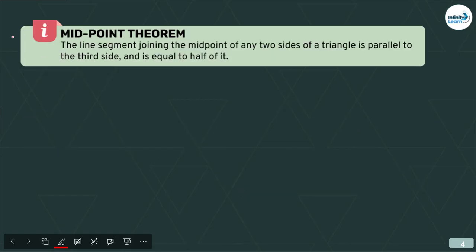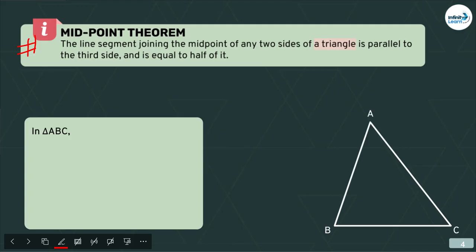So what is the statement of the midpoint theorem? The line segment joining the midpoints of any two sides of a triangle is parallel to the third side and is equal to half of it. For example, ABC is a triangle.